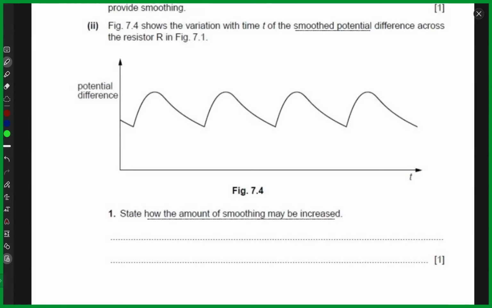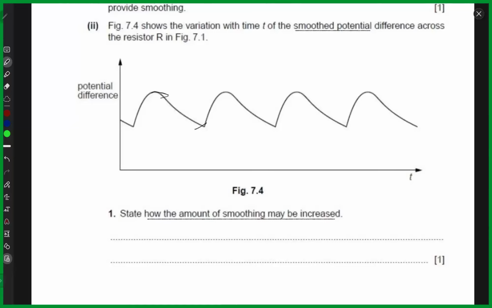And if I have a capacitor that is capable of storing more energy, it will store more potential, and the smoothing will then be more increased. There would be less drop in this. This drop would significantly decrease, right?